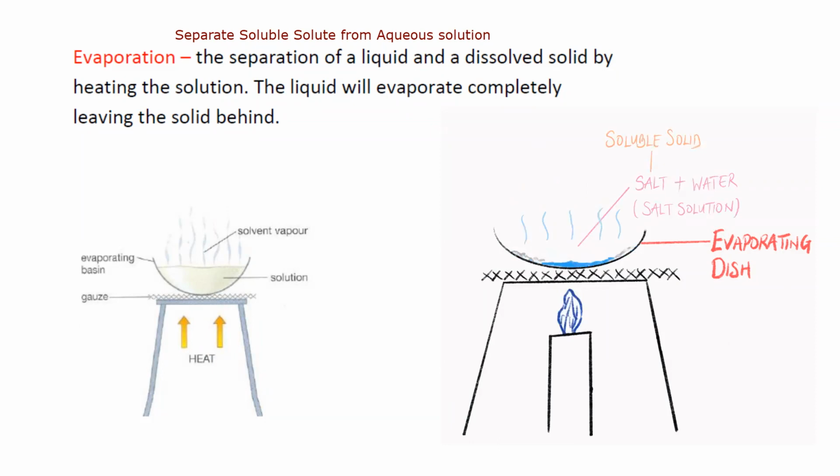So to separate the soluble solute from an aqueous solution, we can use evaporation. Is it clear, the technique of evaporation? It is the separation of a liquid and a dissolved solid by heating the solution; the liquid will evaporate completely, leaving behind a solid, and that solid is a residue.